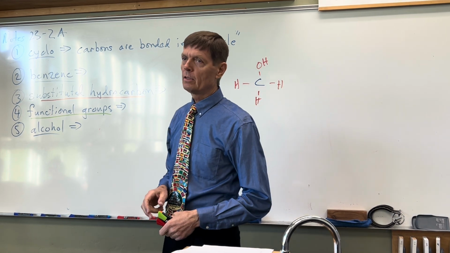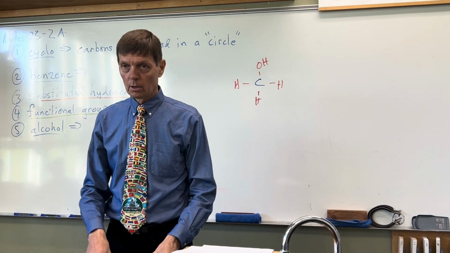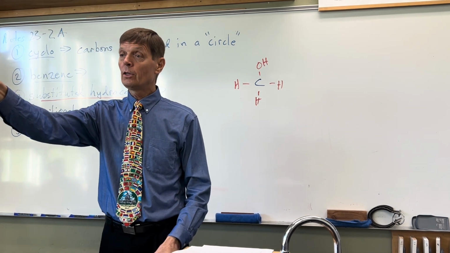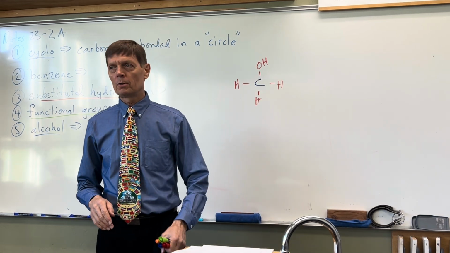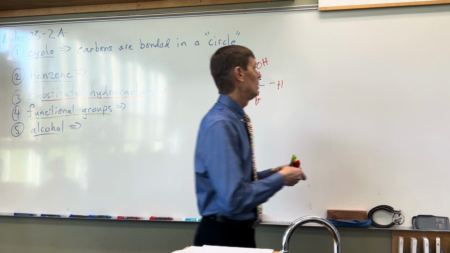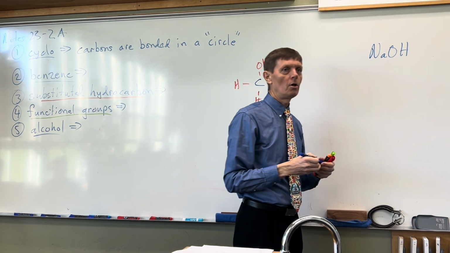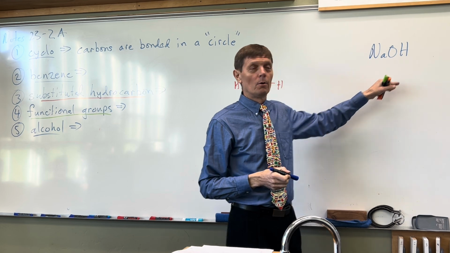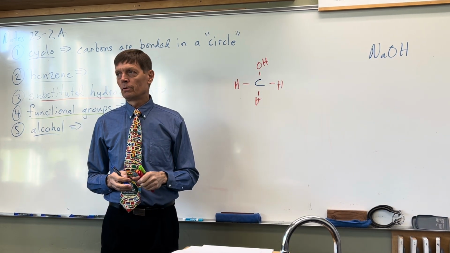How do we know something is an alcohol? What does it say there in the book? When an OH group, now it's easy to get confused because this OH is not what we would call before. You might remember we had NaOH, okay? We called that hydroxide. When an OH is attached to a carbon, it's not a hydroxide anymore.